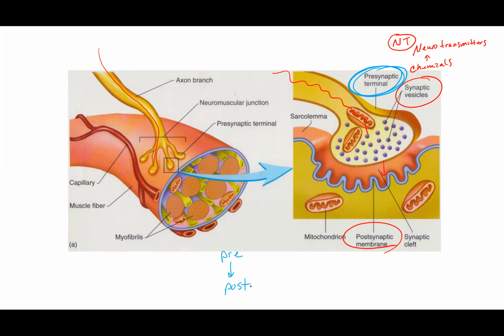Remember, if you have trouble accessing the information, just grab the file, open it up. Pre to post. What I mean is a signal is coming down. That's the first part of the signal, so that is your pre. That's the presynapse. Now a synapse is your electrical transfer.